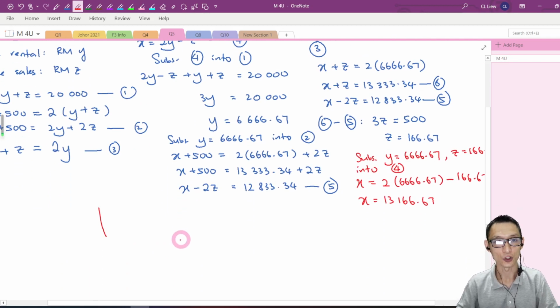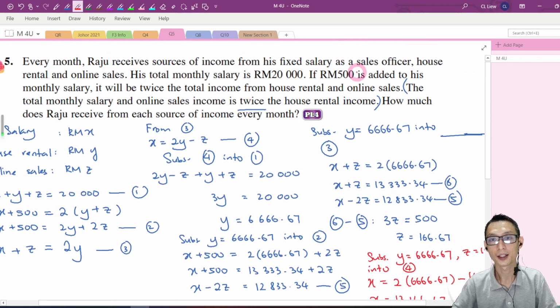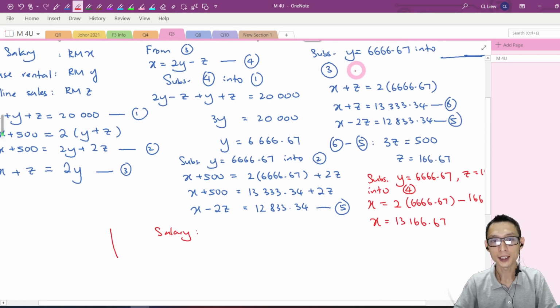Okay, now we know that his salary as a sales officer will be 13,166 ringgit 67 cent, and house rental y, which is equal to 6,666 ringgit and 67 cent.